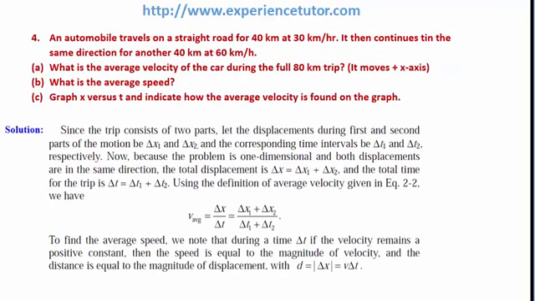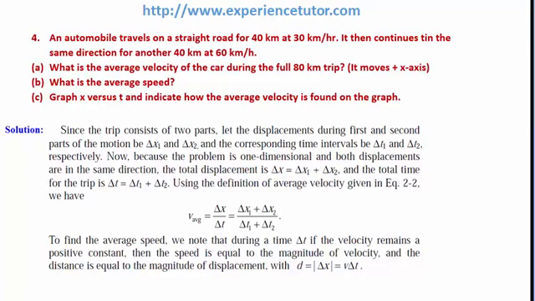Question number 4. An automobile travels on a straight road for 40 km at 30 km per hour. It then continues in the same direction for another 40 km at 60 km per hour.